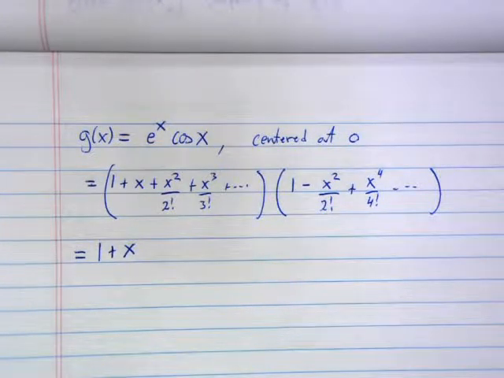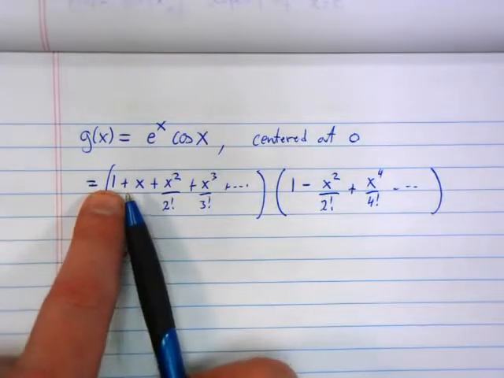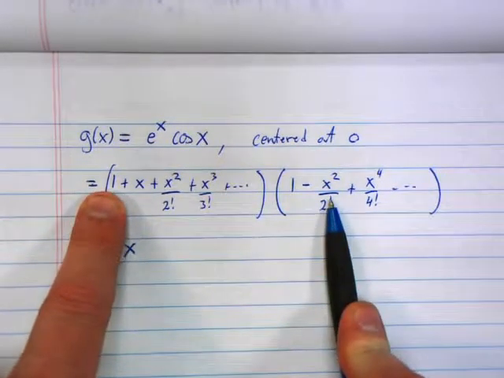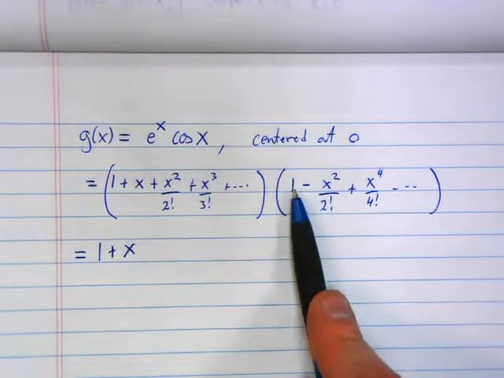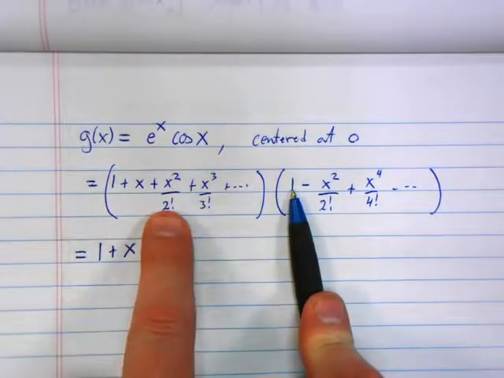How about x squareds? I'm going to have this 1 times this thing with an x squared, and then I'm going to have that 1 and that thing with an x squared. And what's going to happen to those two things?